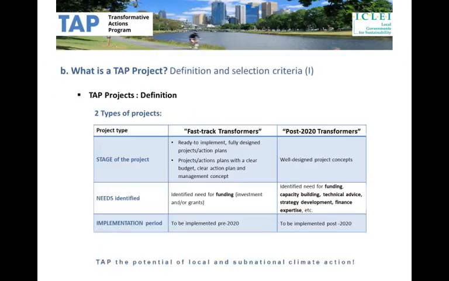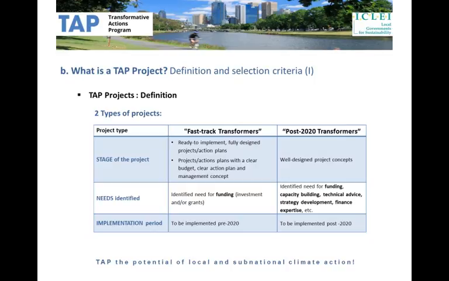Now if we have a look at what is a TAP project, when we talk about a TAP project, we can refer to two different types of projects: fast-track transformers or post-2020 transformers. They differ in three different respects. First of all, the stage they have reached. That is, either they are already fully designed with a clear budget, a clear action plan, and a management structure that is already defined, or the projects only have a concept ready.